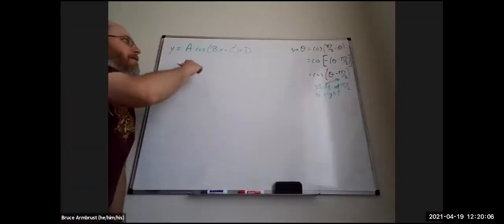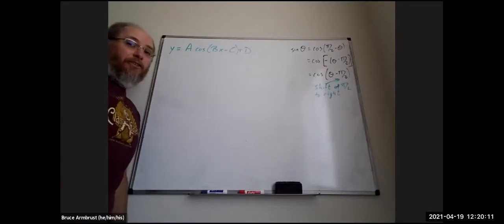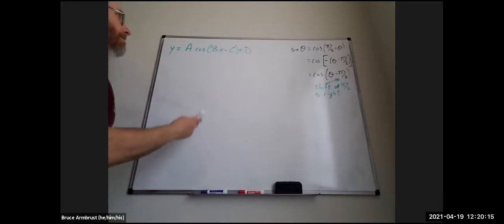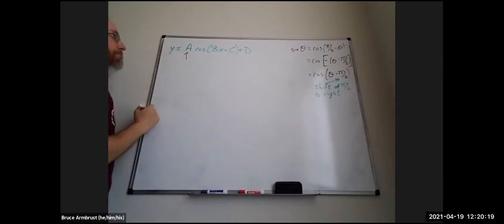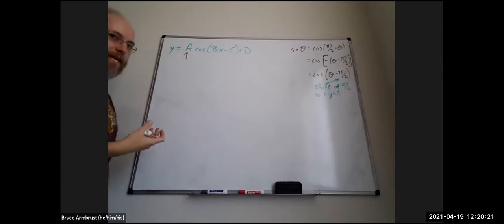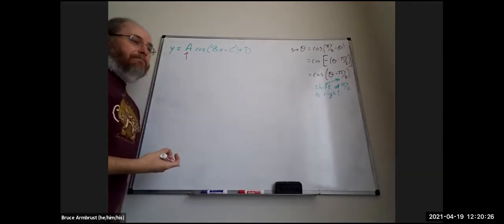All right. Well, all of these, A, B, C, and D, are all going to lead to transformations of some kind. Okay. The A is being multiplied, right? And when you have multiplication, that's a stretch and compress.